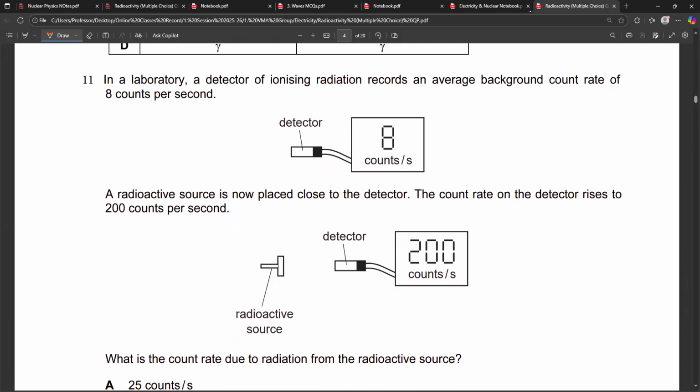And with the concept of this half-life, we have another idea which is called background radiation.